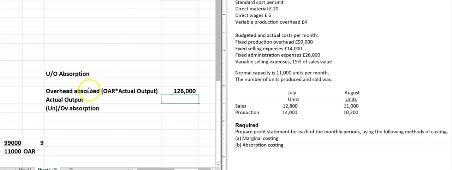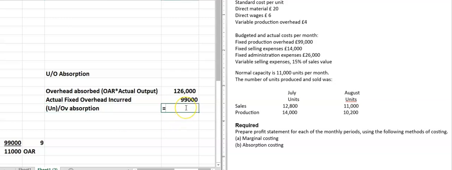Sorry, this is not actual output, this is actual overhead incurred. Sorry for that. Actual overhead incurred, fixed production overhead incurred, is here: 99,000. So I can be more clear, I can add the word fixed.